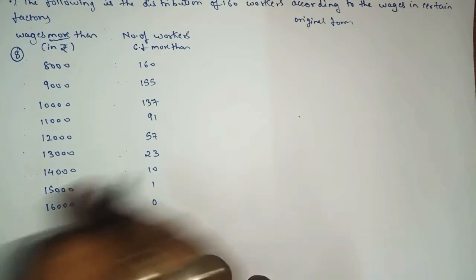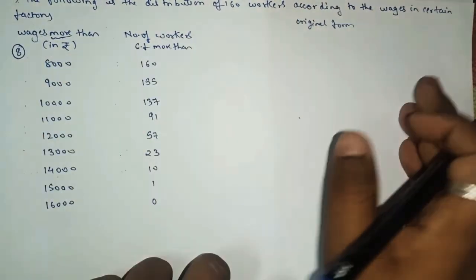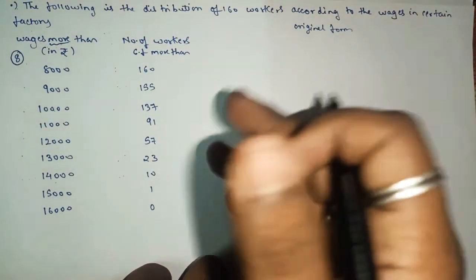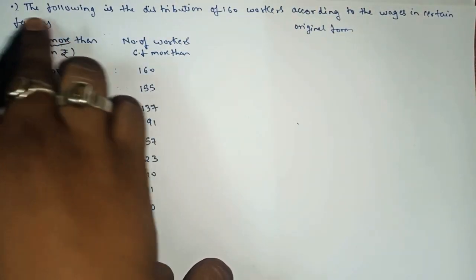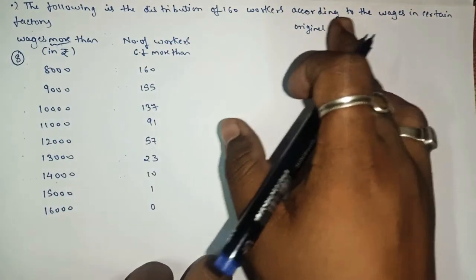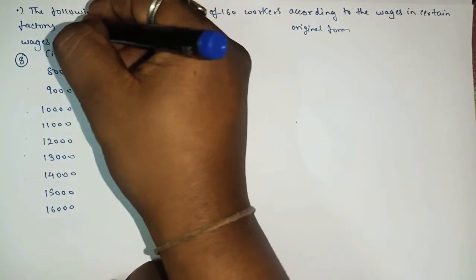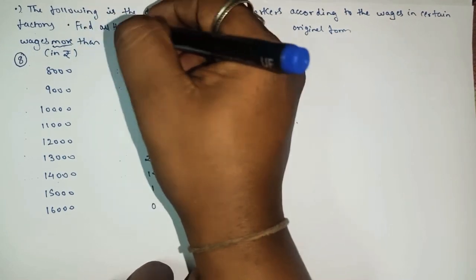As in this question, we don't have the class as well as the frequency, and without knowing the class and frequency we cannot find any answer. Okay. As it is said, the following is the distribution of the workers according to the wages in a certain factory, and they say that you have to find all the quartiles.